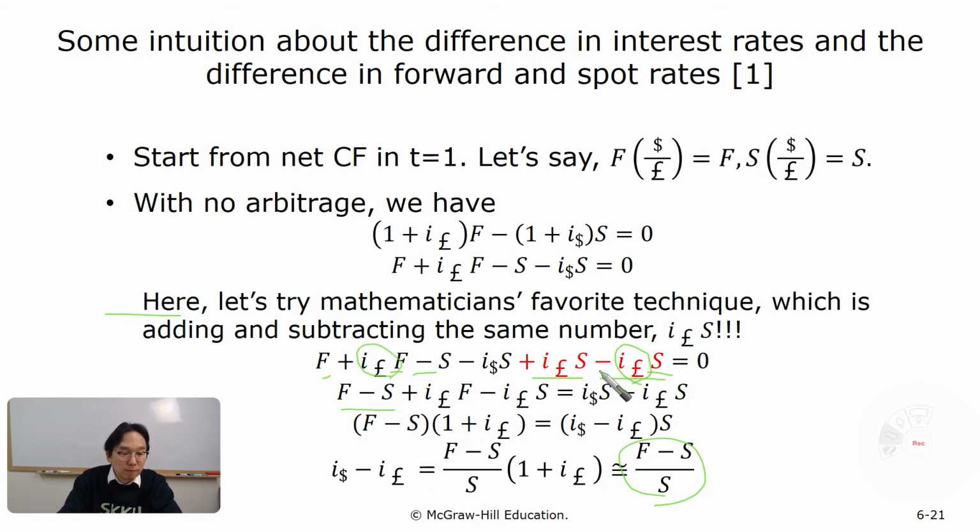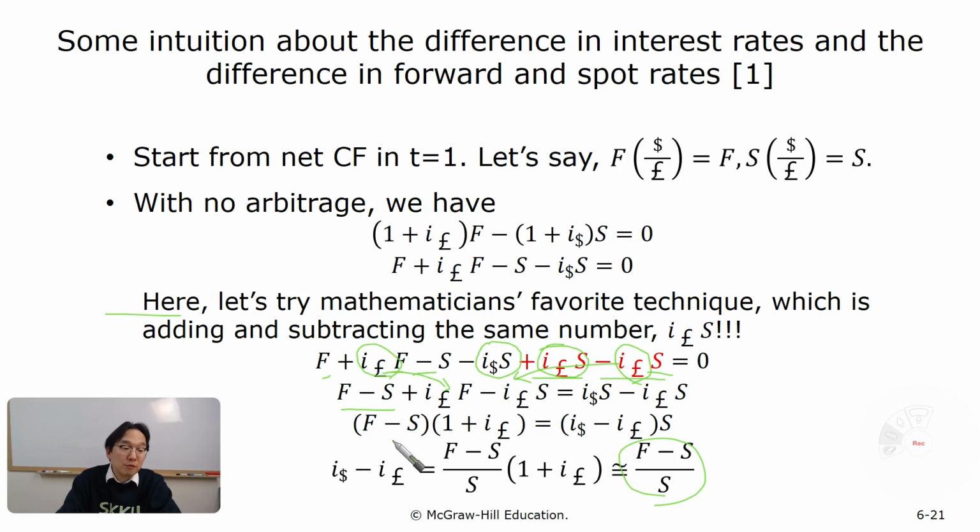So bring this guy to this side of the equation, and the other guys, these two guys, that guy and that guy, send over to the other side of the equation. So you will end up with this. Now what? Gather together like terms, which is S times (I dollar minus I pound), the interest rates, right?